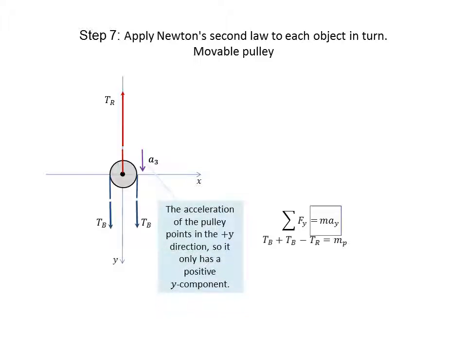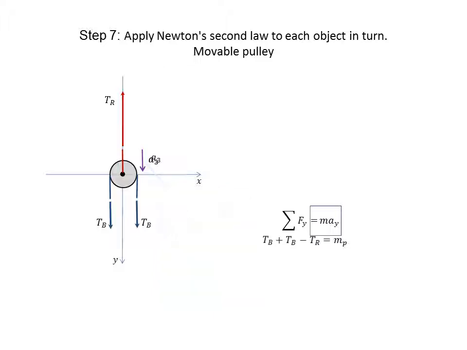The acceleration of the pulley points in the plus y direction, so it only has a positive y component. The ideal pulley is massless, so AP equals 0. Equivalently.